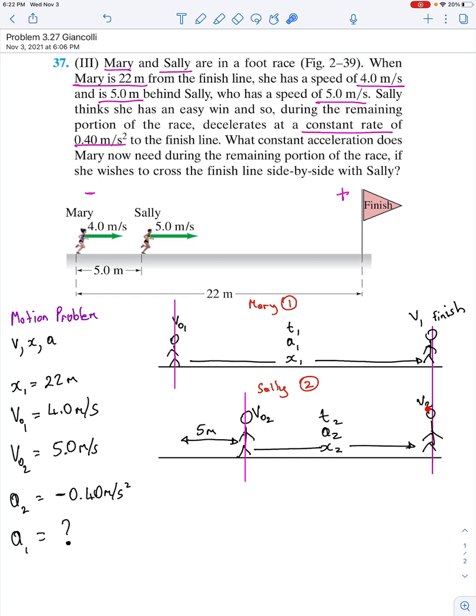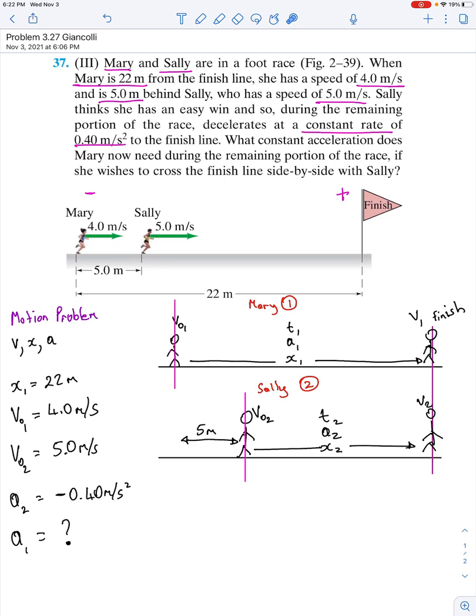That's an important one right there. a2 represents the acceleration during that period. x2 represents the distance from when Sally was 5 meters ahead of Mary to when Mary caught her. In other words, the distance Sally traveled when Mary was 5 meters behind her to when Mary caught her. That's x2. And v2 represents the speed that Sally was going at when Mary caught her.